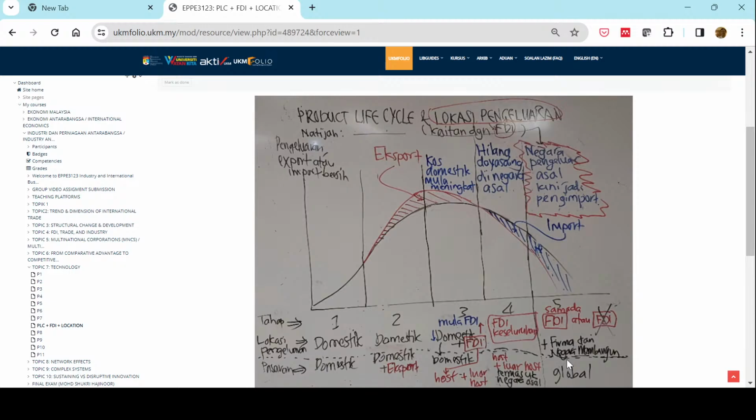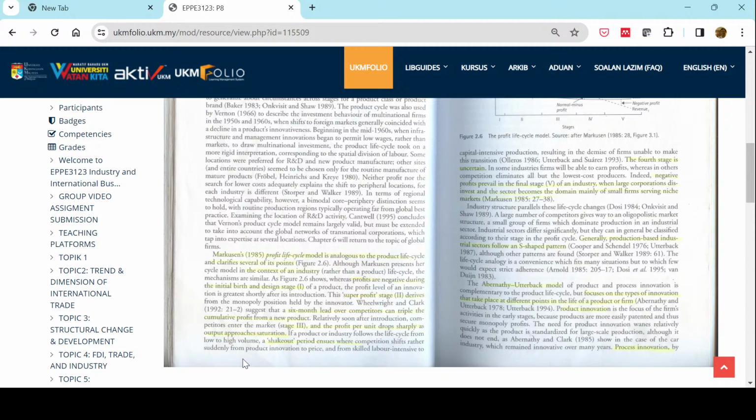A shakeout period ensues where competition shifts rather suddenly from product innovation to price, from skilled labor to capital-intensive production, resulting in the demise of firms unable to make this transition.